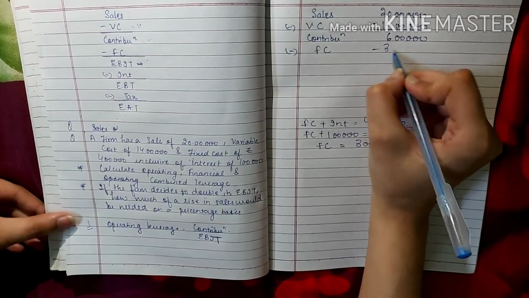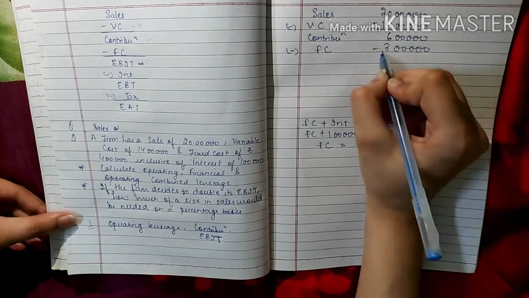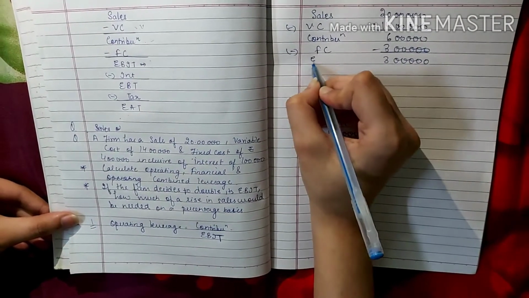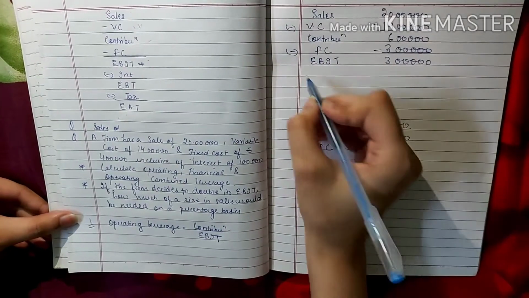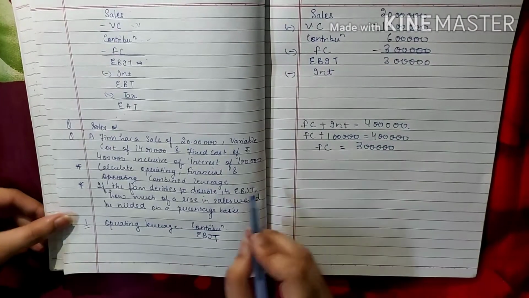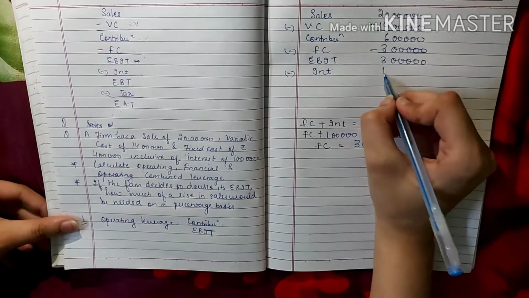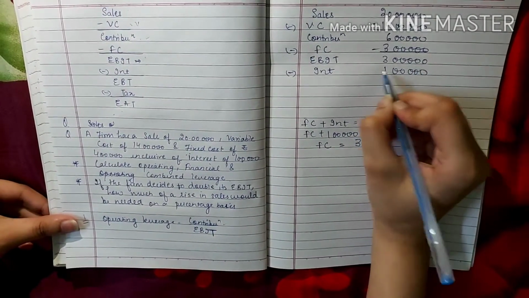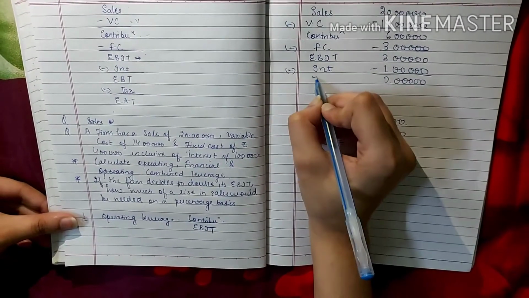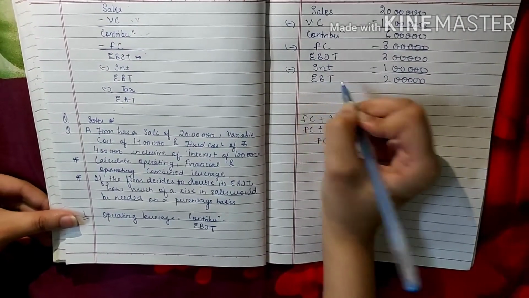Now deduct 3 lakh from it. EBIT is equal to 3 lakh. Now you have to deduct interest, that is 1 lakh rupees. Two lakh is your earning before tax.